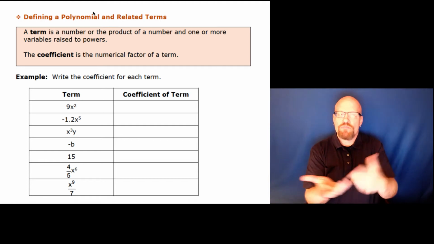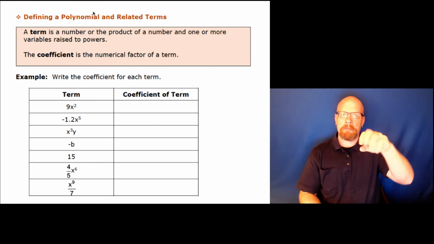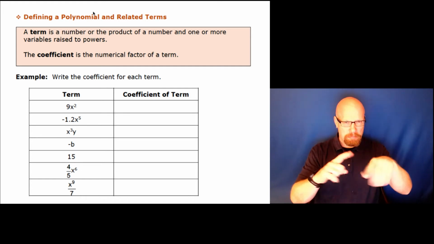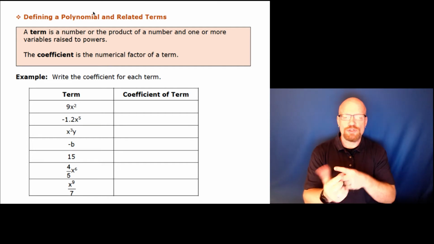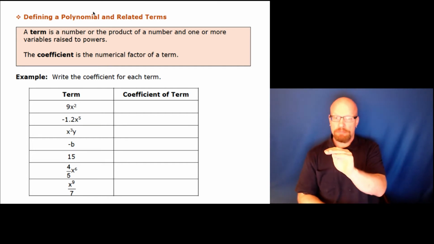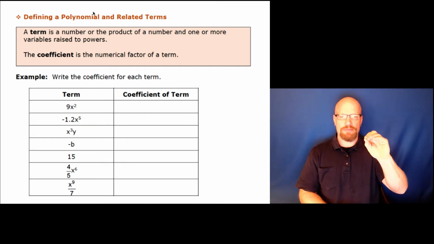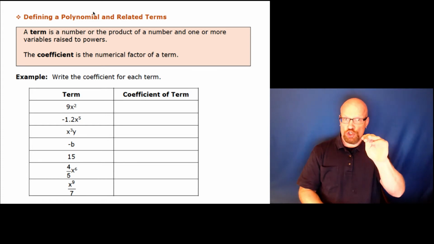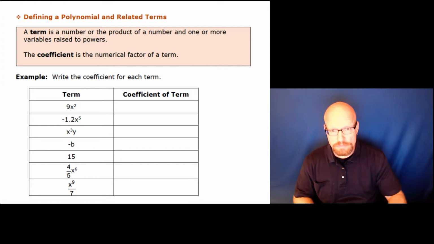Okay, today we're going to talk about adding and subtracting polynomials. We'll talk about that, but first we need to discuss what a term is, as well as a coefficient. A term is this.